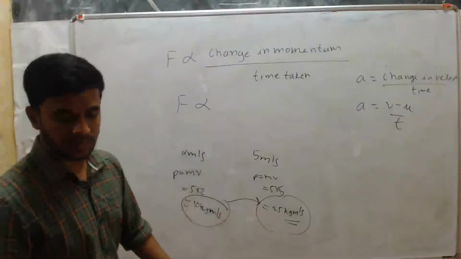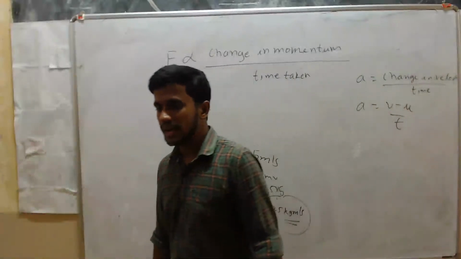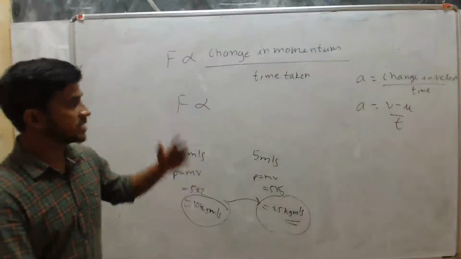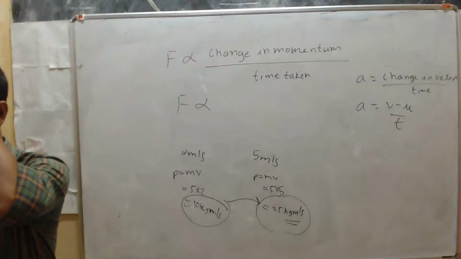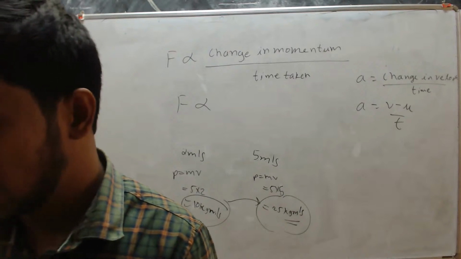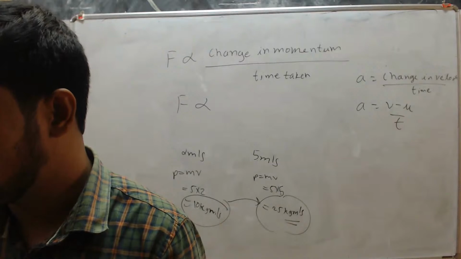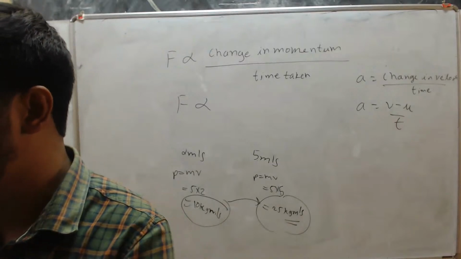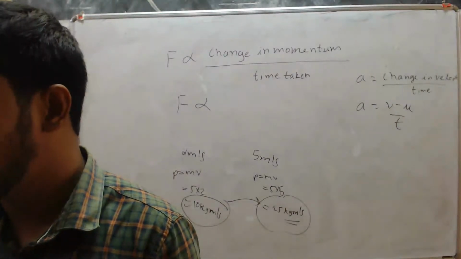Here change in velocity means final velocity minus initial velocity. Okay, but how to write that change in momentum? Yes, here you have written m into v minus u divided by t. What is the meaning of that m into v minus u?